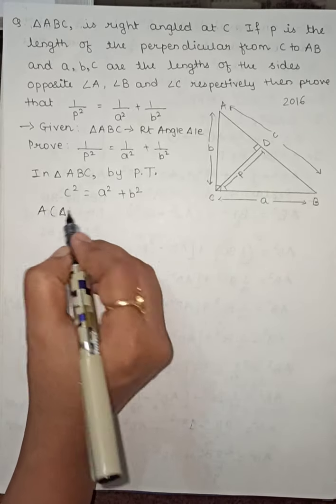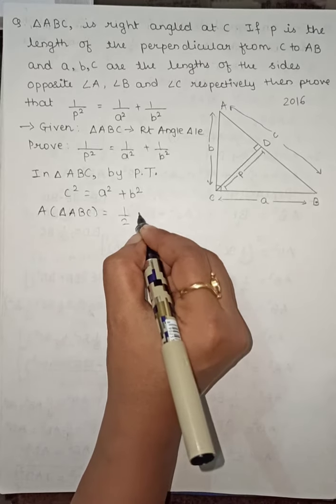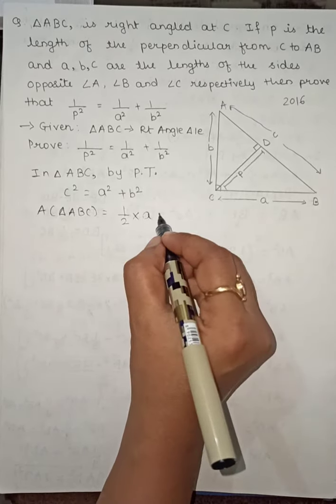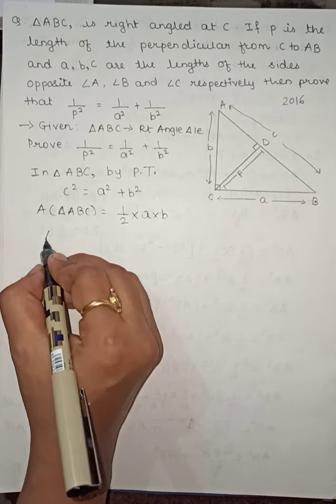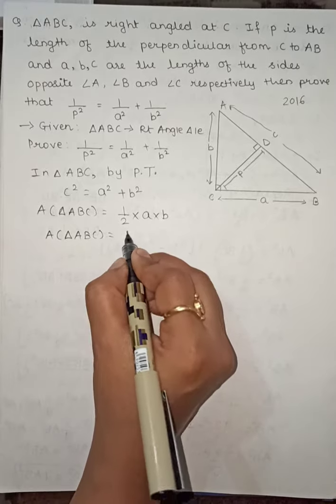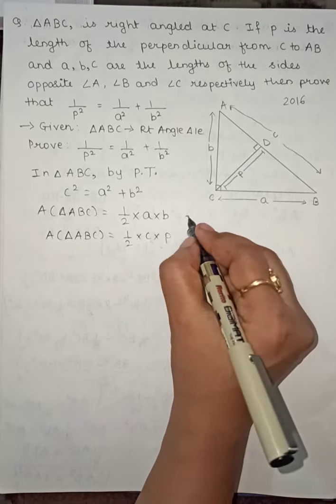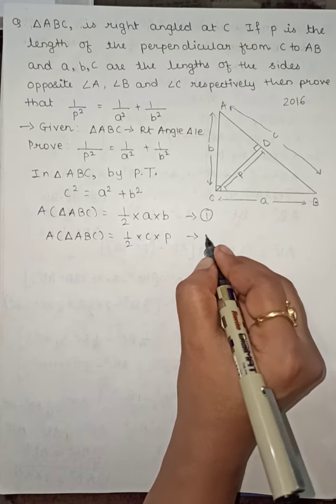So let us write area of triangle ABC is half into, I am taking base as A, so height will be B. And in second case, the same area of triangle ABC, but here my base will be C and the height falling on that base is P. Okay, so this is your equation 1 and this is your equation 2.